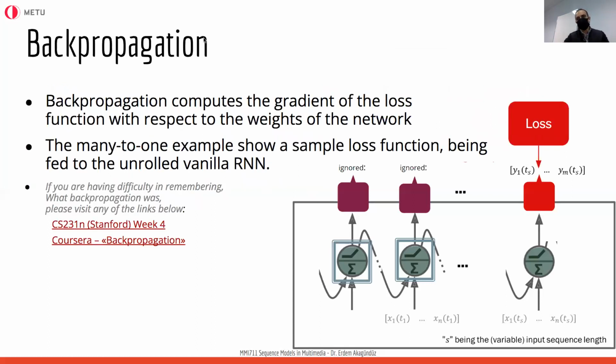I'll have to remind you very briefly what backpropagation was. I'm sure you know what it is, since you have taken an introductory level course on deep learning. It is backpropagating the gradient of the loss function with respect to the weights of the network, and you're doing this for each layer separately. First, you find the partial derivative of the loss with respect to the weights at this layer.